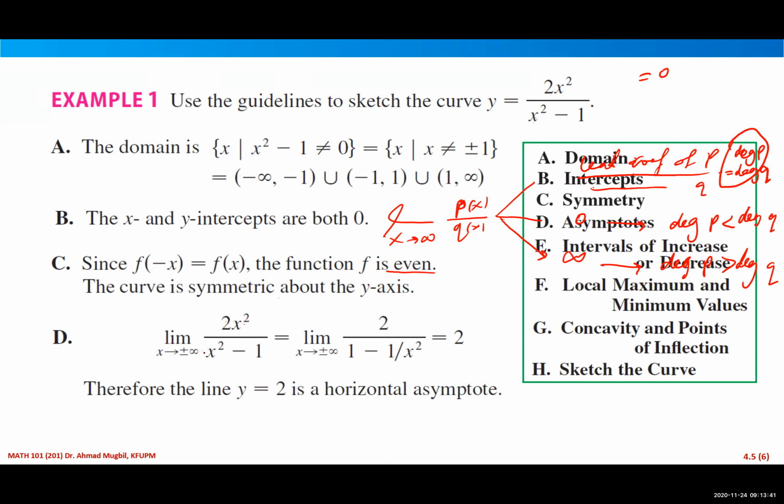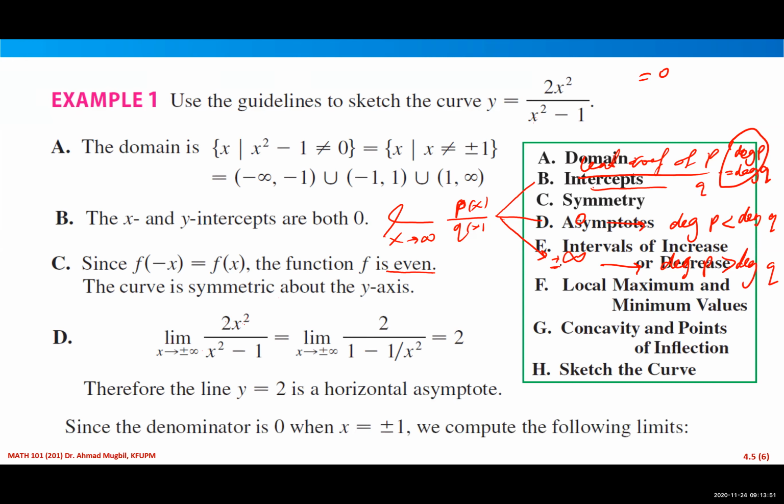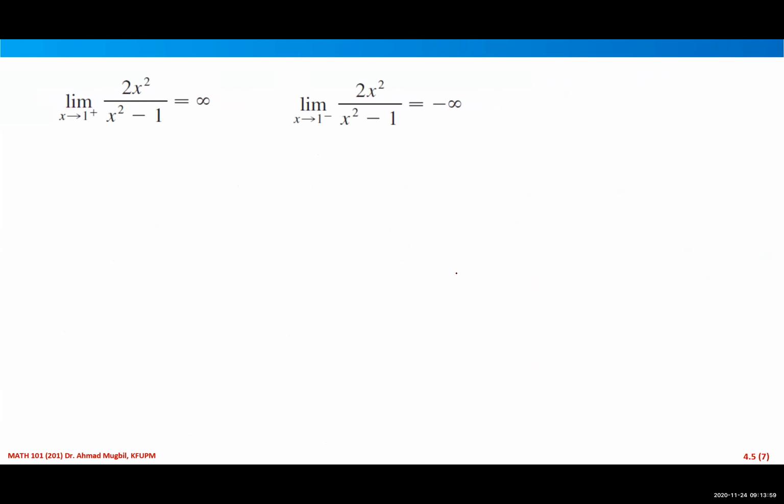This is only when x goes to infinity or negative infinity. You have to be careful when it is going to negative infinity, whether the degree is odd or even, since it could be positive or negative infinity. Now for the vertical asymptotes, because it is rational, look at the zeros of the denominator. Find the limits when x goes to 1 from the left and from the right.